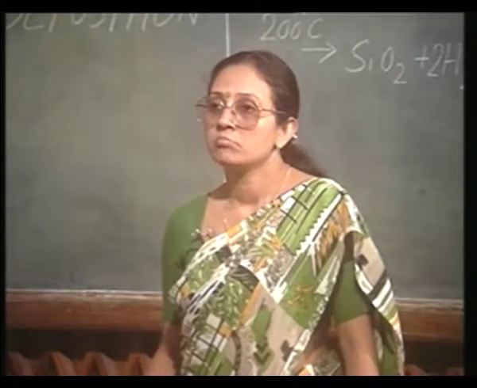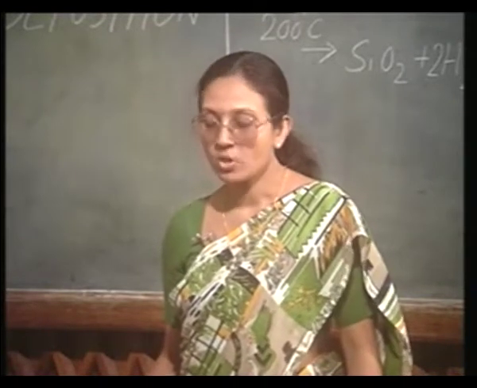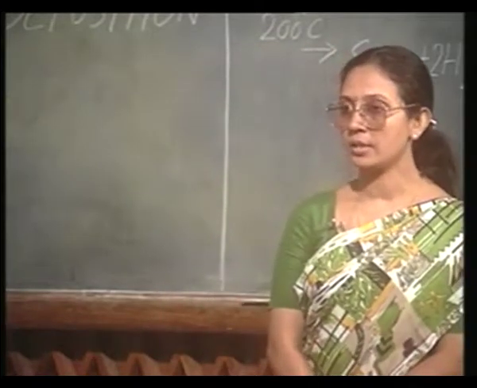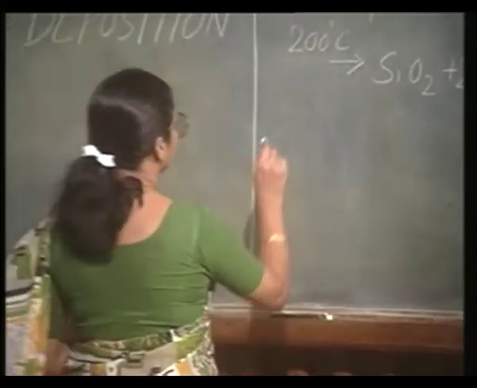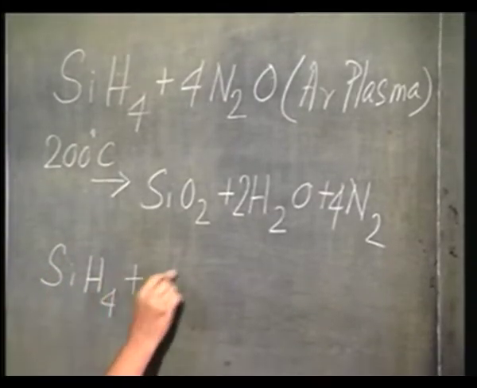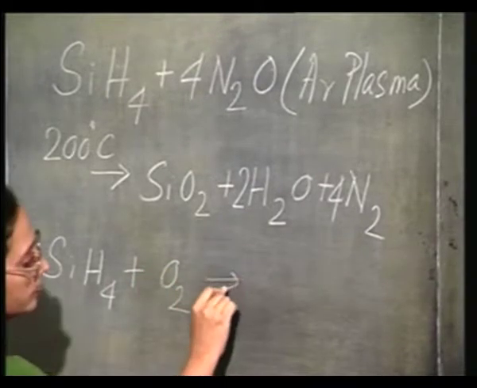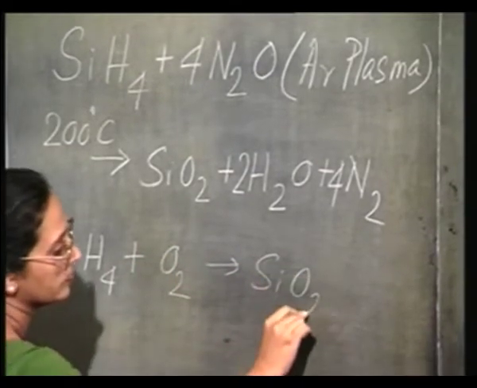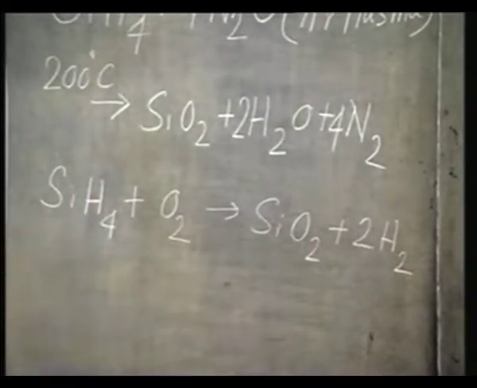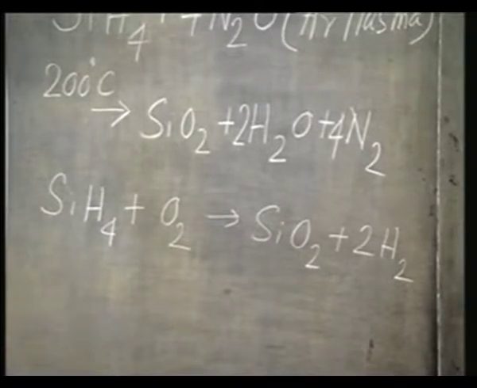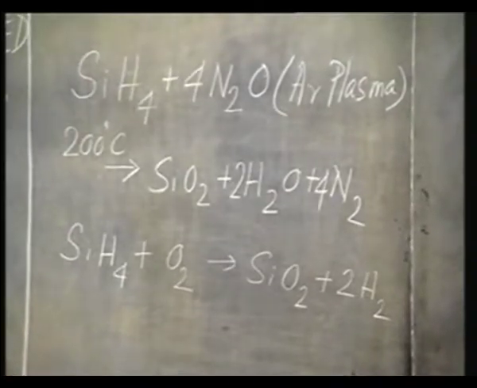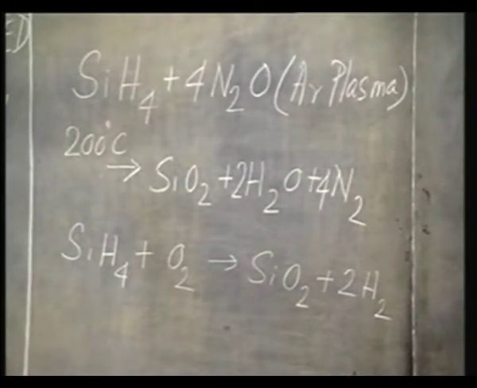I will have silane and oxygen, and it will react to form silicon dioxide and hydrogen gas. That is one possibility. The temperature of this reaction, however, will be much higher, it will be about 450 degrees centigrade.